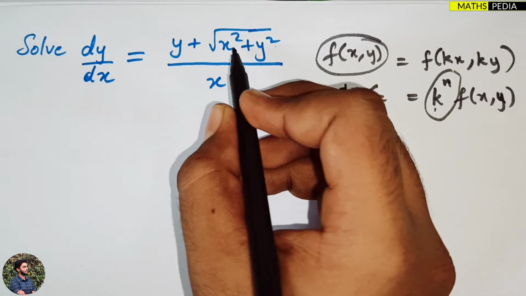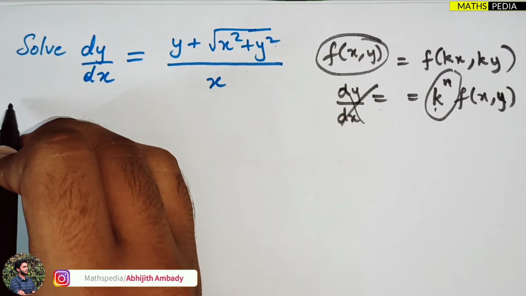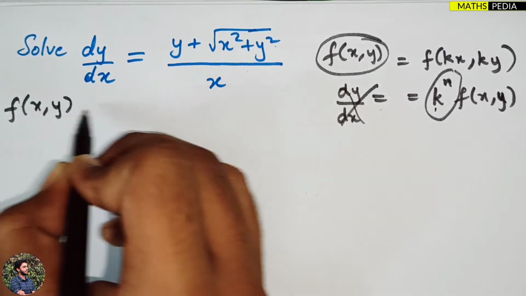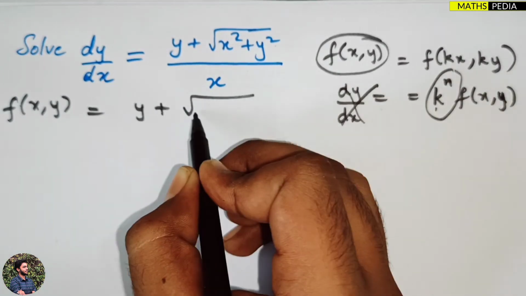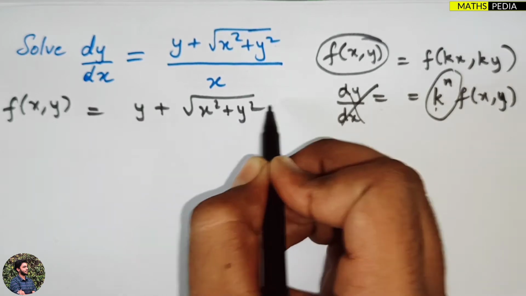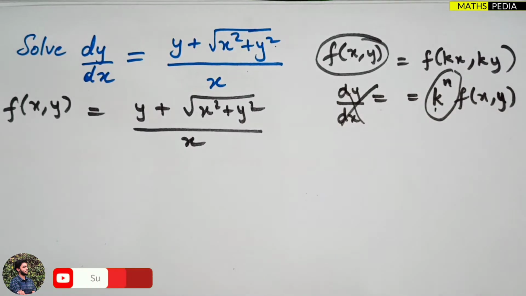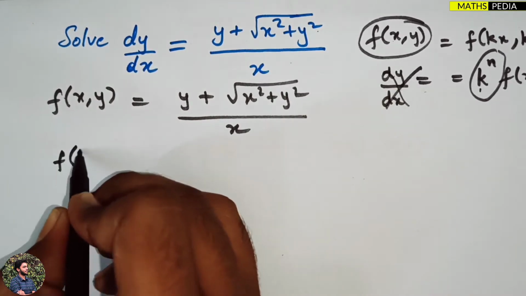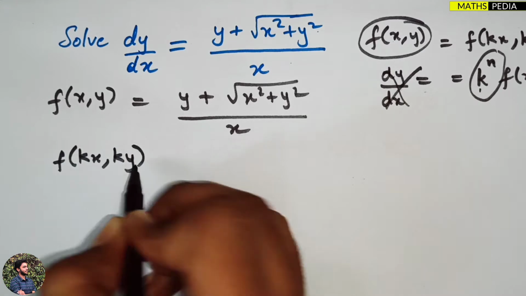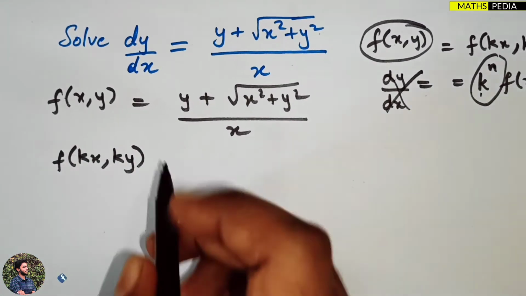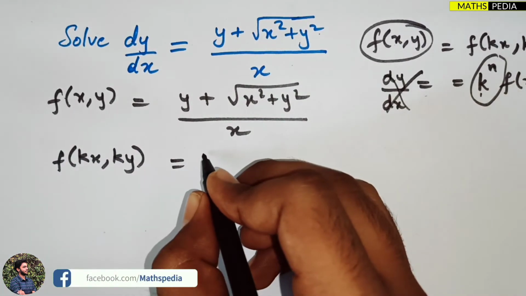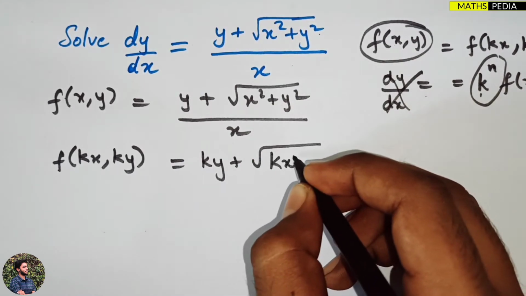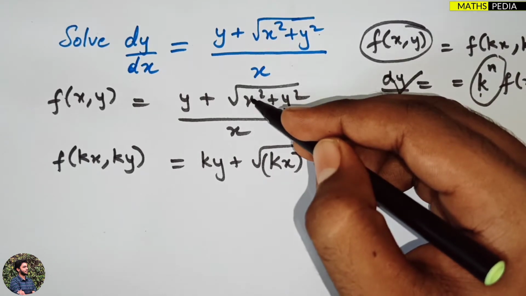Now let's try to do this part. This is the f of x comma y form, so the function of x and y is given. Let me write f of x comma y as y plus square root of x square plus y square, divided by x. The next step is that you need to put kx, some constant. You can choose any variable. In place of y I have to put ky, and in place of x I have to put kx.